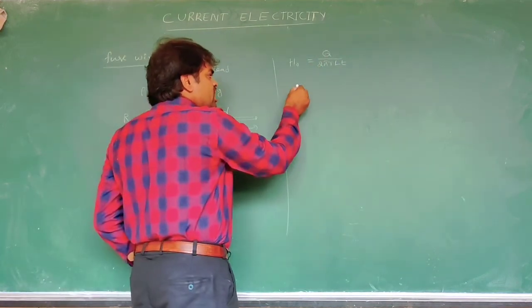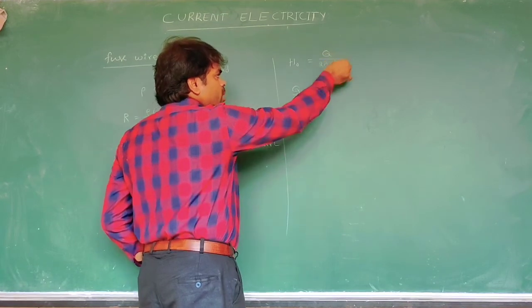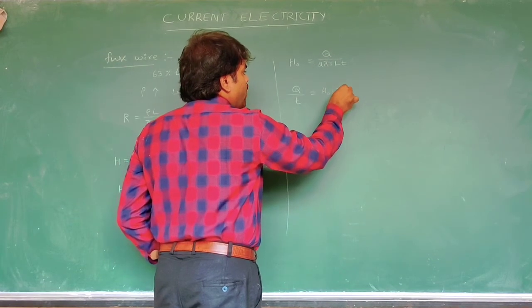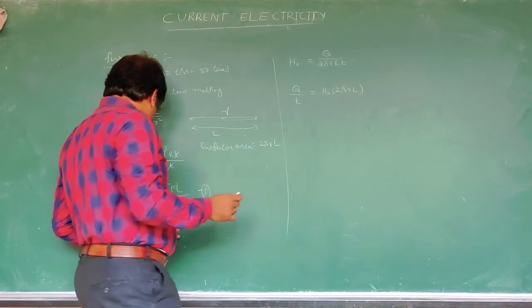Then the heat radiated per unit time, that is Q by T, is equal to H naught into 2 pi r L. This is equation 2.